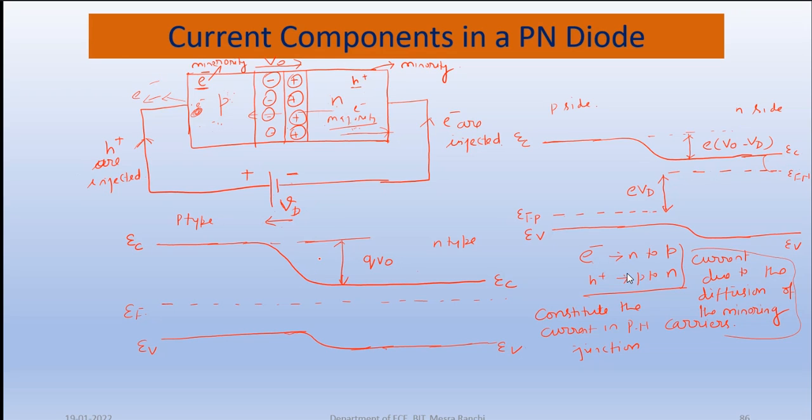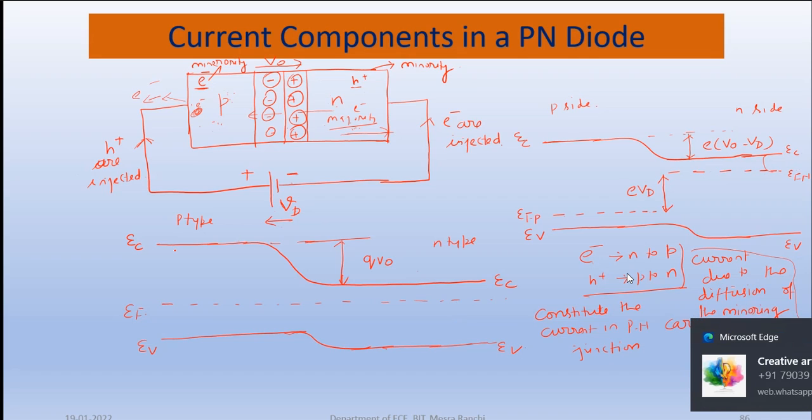then you know what changes occur in this band diagram that we have seen. This was the energy band diagram when there was no bias. If you remember, is it so?